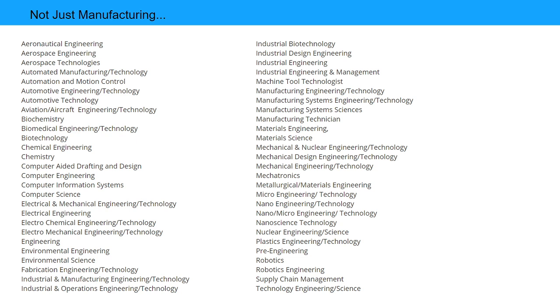So if you're interested in anything from aeronautical, aerospace engineering to chemical engineering to biomedical engineering, electrical engineering, industrial, mechanical, nano engineering, and robotics, all of those fall under the manufacturing engineering process, because in order to apply these concepts from these various different fields at a large scale to a large number of people, you need manufacturing. And so that's what ties it all together.